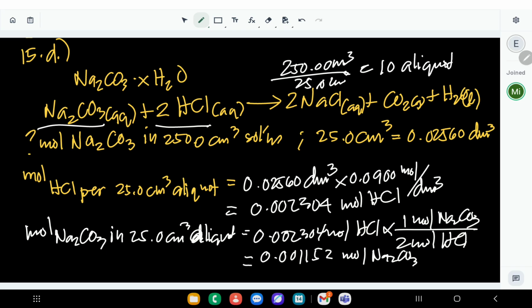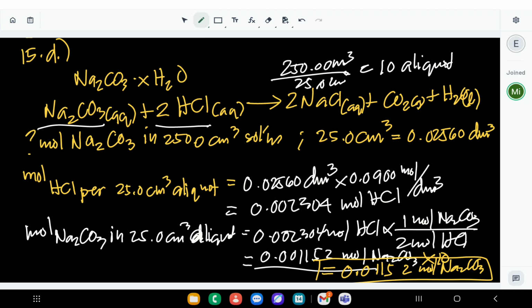We just calculated the moles in each portion, so we can multiply this by 10. This is equal to 0.01152 moles of sodium carbonate in 250 cubic centimeter solution. All right, it's the same answer as in your paper.